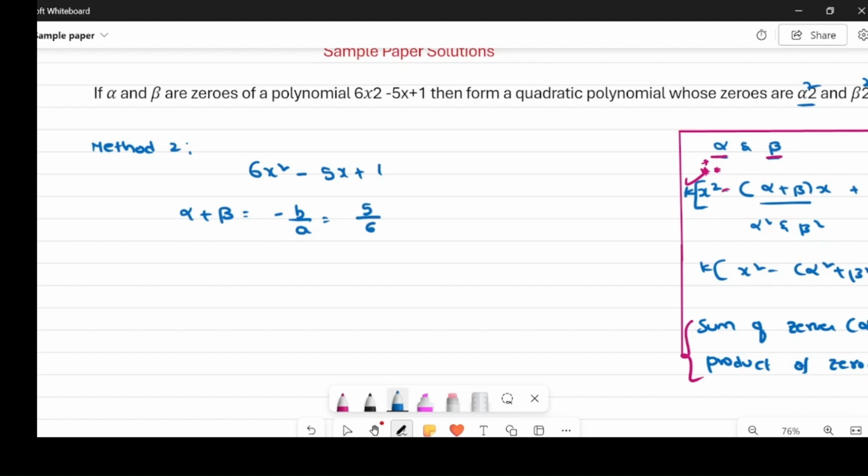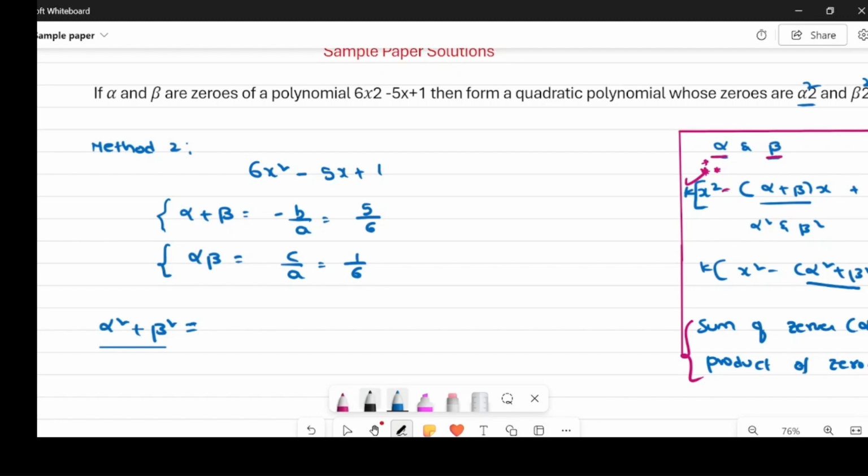So this is the sum of the zeros, and the product of the zeros alpha beta will be c by a, which is 1 by 6. We want alpha square plus beta square. So we have to express this alpha square plus beta square in terms of only the sum of the roots and the product of the roots. No other term should be there in our simplification.